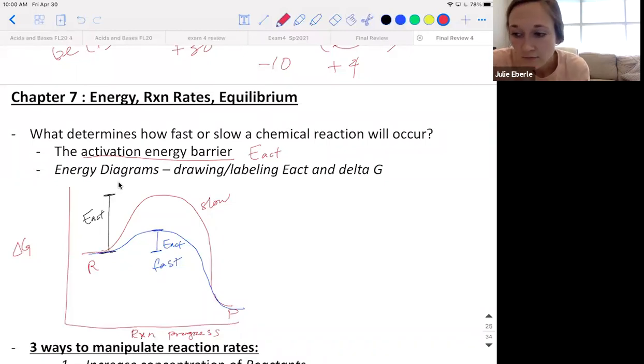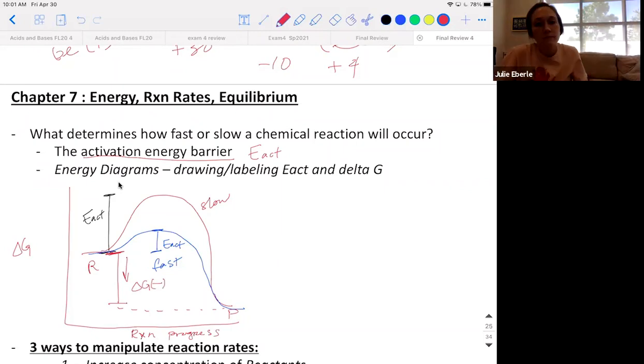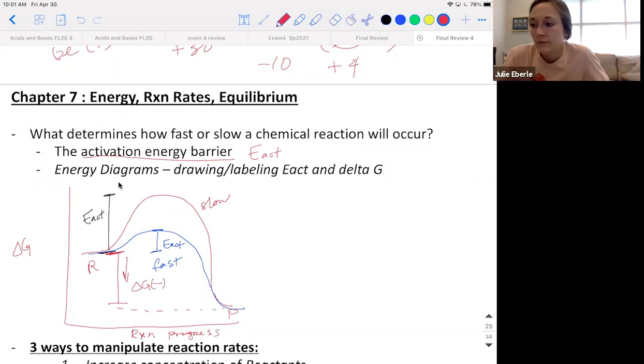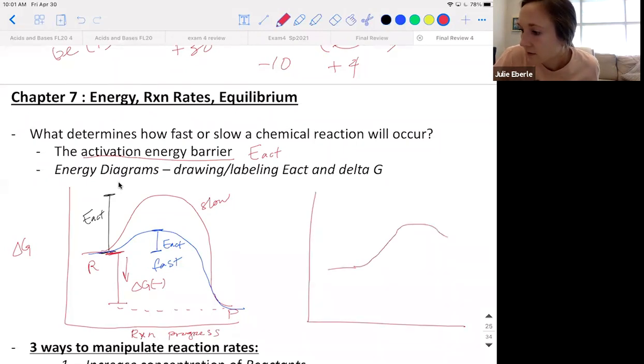By the way, what's my delta G here? Is it positive or negative? You always draw the difference between the reactant level and the product level. And here it's going down, so delta G is negative. You draw an energy diagram like this, where you have reactants, products.